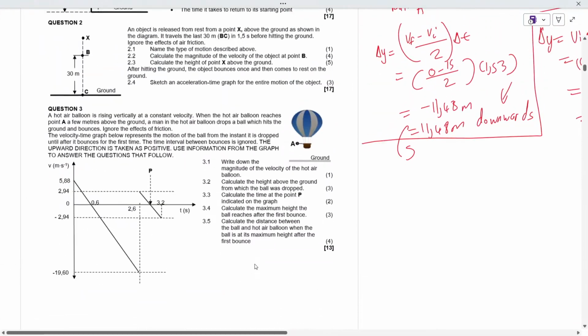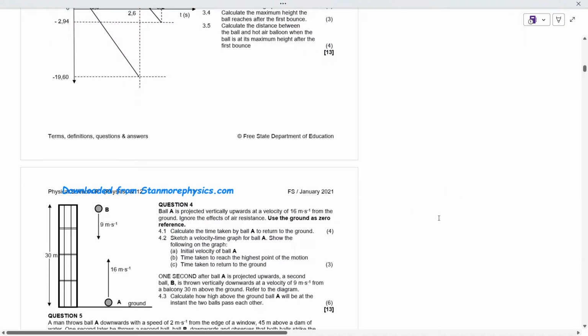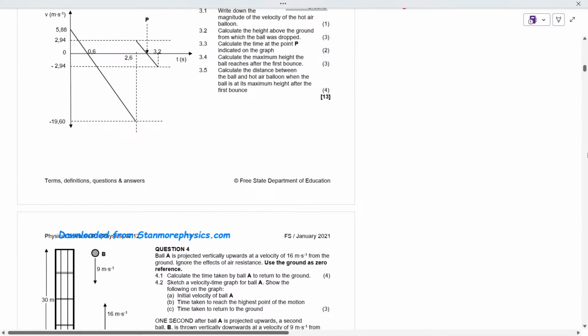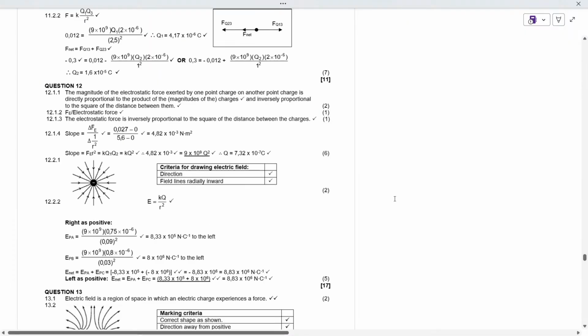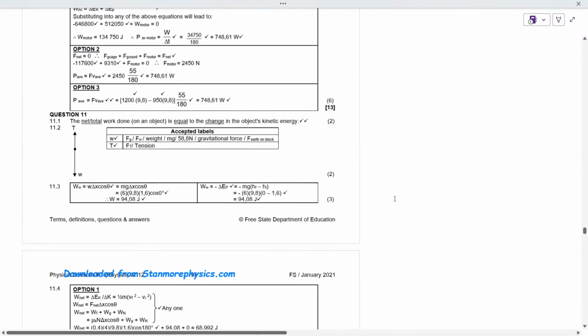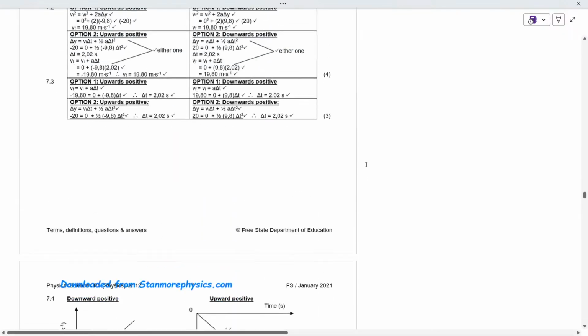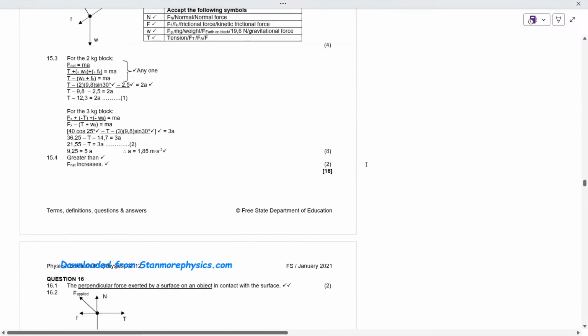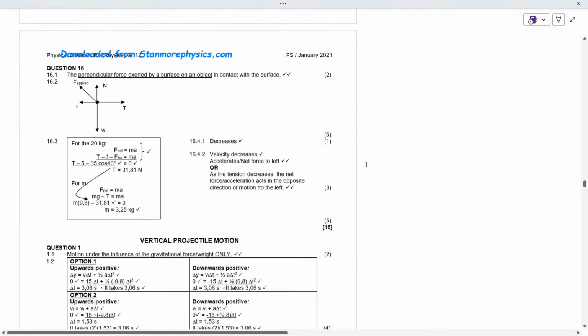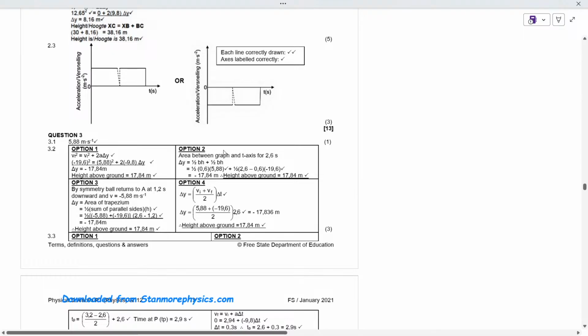Okay, if you don't have any questions, let me see if I can get to the memo to just verify. I think it's down here. Let's first verify.